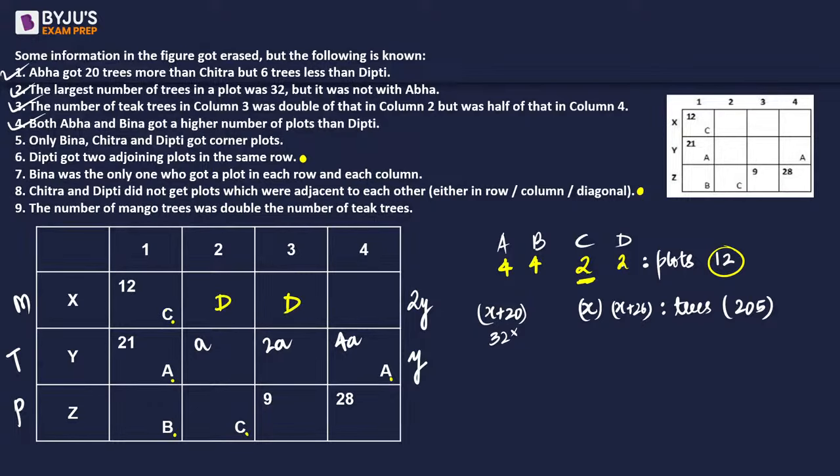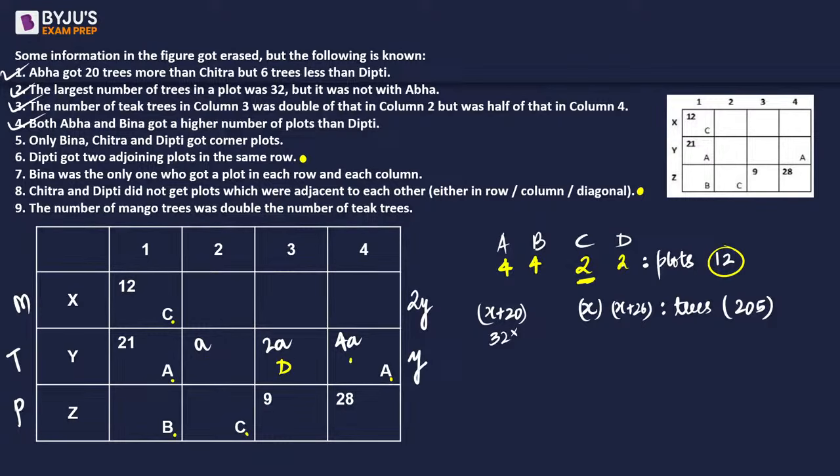No. The reason being, C will become adjacent to D. Okay? Next, D is adjoining and in the same row. Is this possible? Yes, it's possible because this is away from C, so this is a possibility. Can we have D and D here? No. This one is adjacent, and this one also became adjacent.